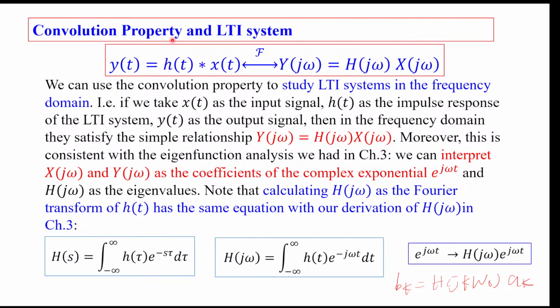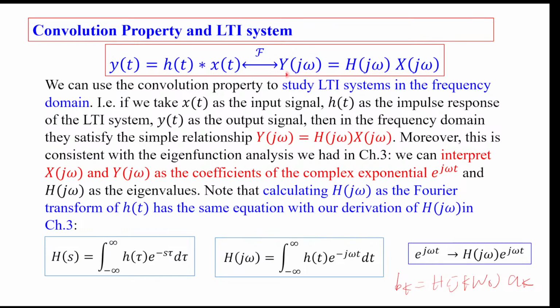So in time domain, we want to calculate the output. So the output as the signal of time, and related to the input as the signal of time is just output is a convolution of this impulse response with the input signal. And then we see that we can Fourier transform everything.